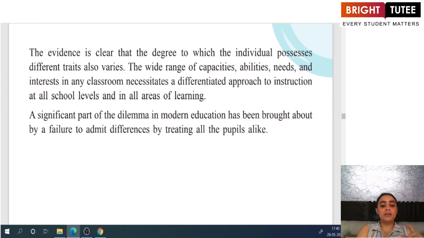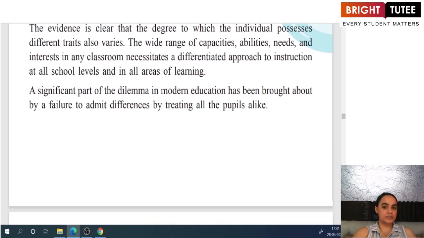Now, one of the dilemmas, one of the confusions that an educator deals with is the fact that there are so many students who don't admit that they are different. They want to be treated just the way the others are being treated. And when such is the scenario, then obviously nothing can be done to provide them a specialized training module.